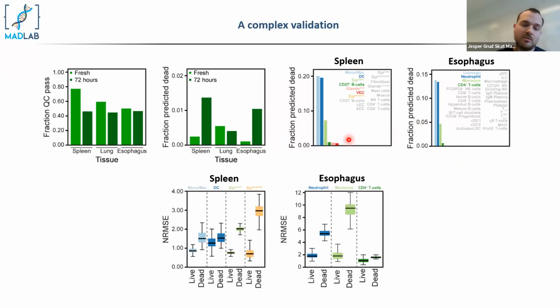But importantly, the cells that are predicted to be live are much more similar to the fresh cells than the cells that are predicted to be dead across these cell types. So we can almost recover the original transcriptome if we remove the cells that are flagged as dead ones, looking at pseudobulk.